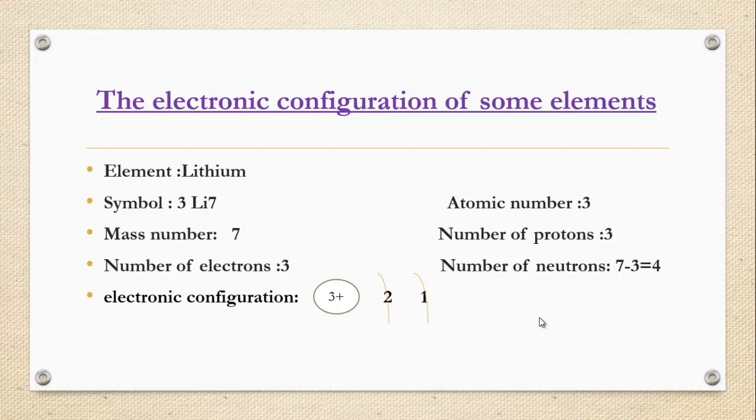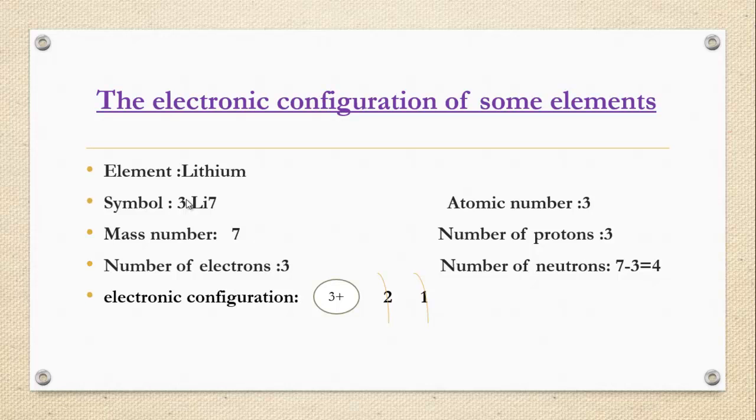Now we have an example. If we have the element lithium, Li, its atomic number equals 3 and its mass number equals 7. You can calculate its mass number, atomic number, number of protons, number of electrons, number of neutrons, and electronic configuration.